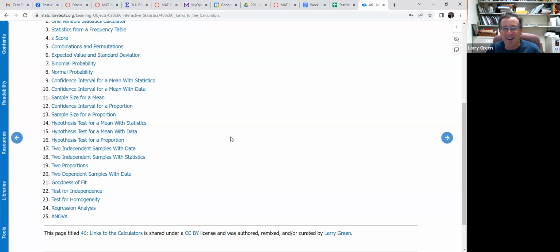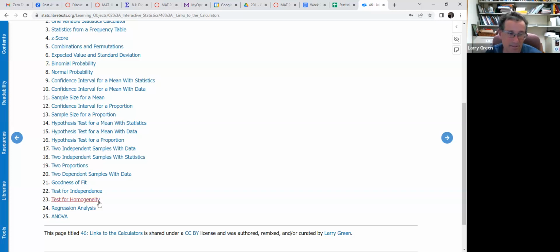How many calculators are there? Yeah, there's only two more. And remember, that's what this class is all about. We have very little left in this class. We're almost done. All we have left, as you guessed, next week will be regression analysis. The week after will be ANOVA. And that's all we've got left in this whole class, is regression analysis and ANOVA. And then we're finished with this whole class.